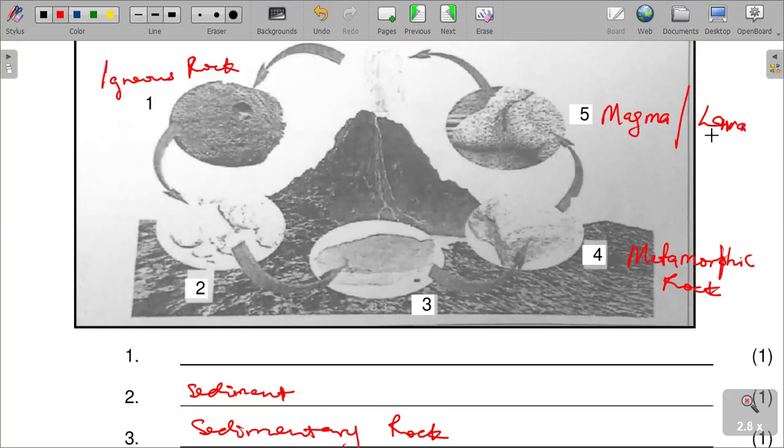So these are the things we need to understand. Those are the 5 items shown in the question in terms of the rock cycle.